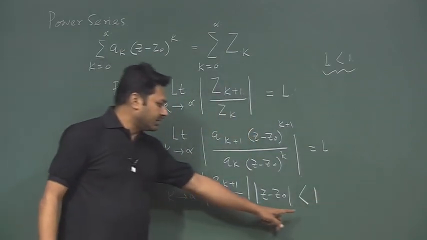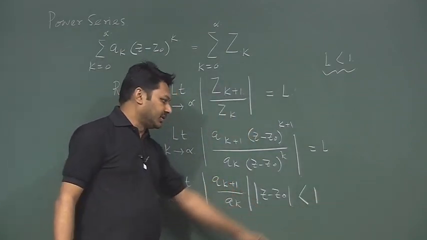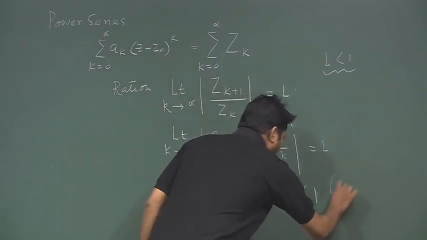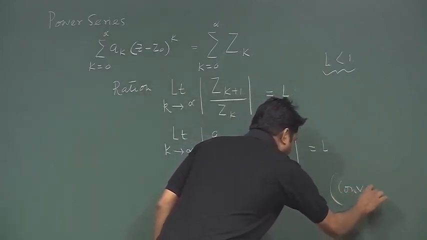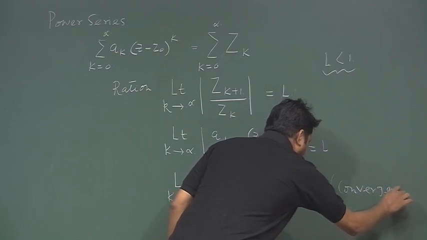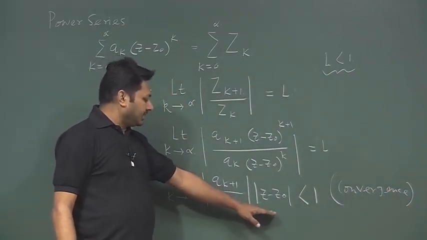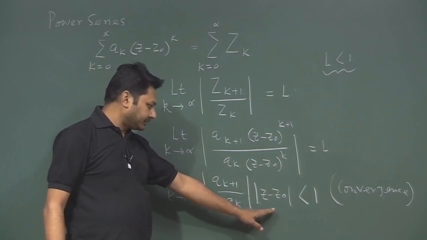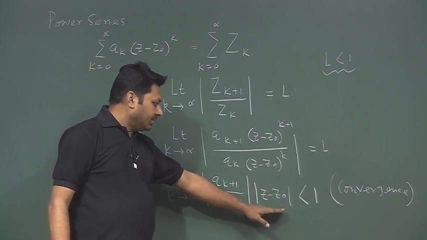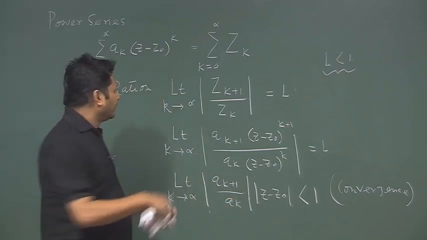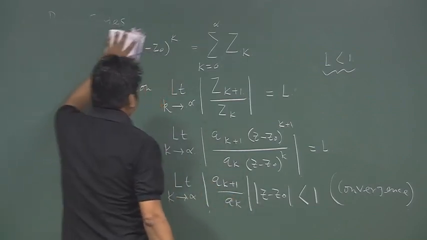Now I put the condition for my convergence. So this is the condition of convergence. This quantity, which I mentioned just before, is something called R. So let me erase this.